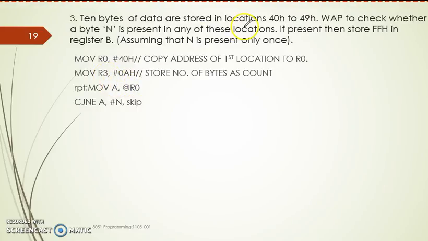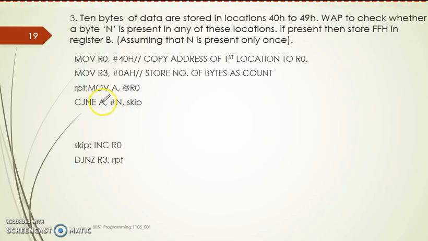We will get the first data from the location 40H. So MOV A, @R0. And then we will compare it with the byte n. CJNE, compare and jump if not equal to skip.